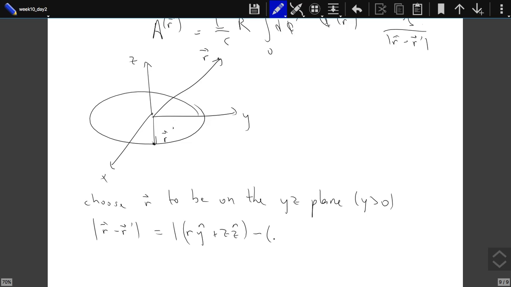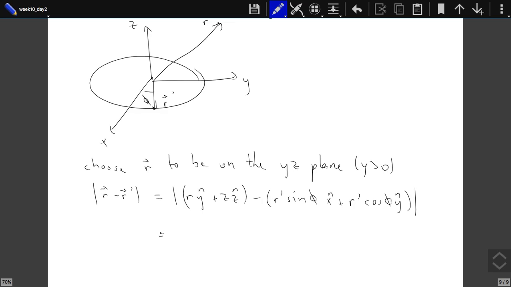This r prime vector, this angle is what we call the phi angle. So the r prime vector has the x component r prime sine phi in the x direction plus r prime cosine phi in the y direction.